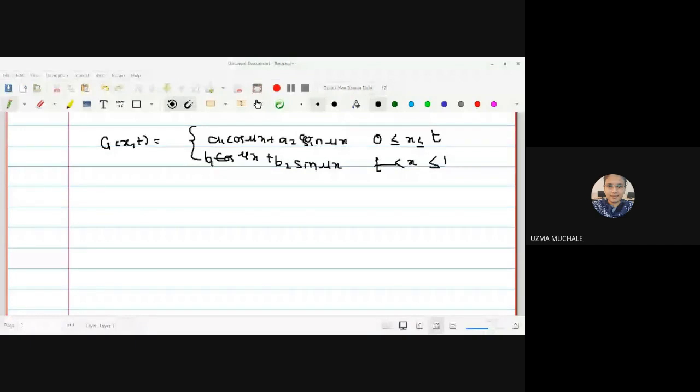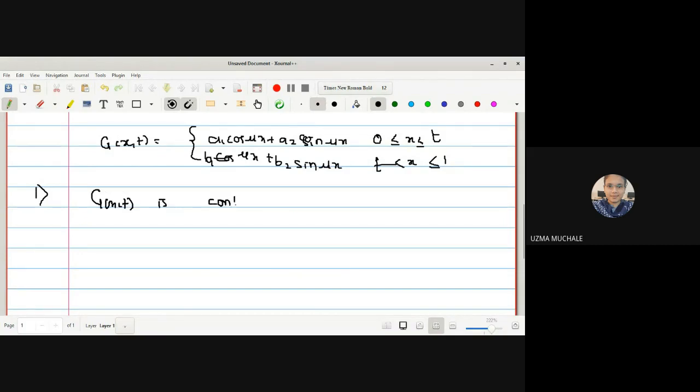What is the procedure? First one, g of x, t is continuous at x equal to t. With the help of that, we can find the first condition for finding the Green's function: g of x, t is continuous at x equal to t.